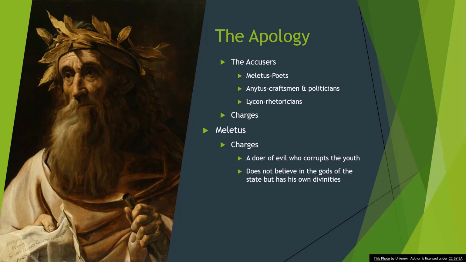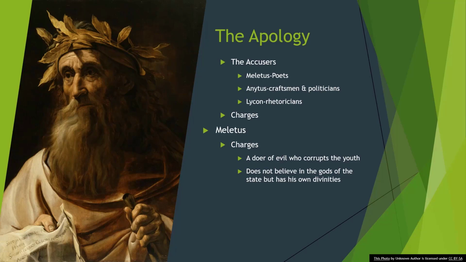Well, these charges, as I noted before, are not the sort of things you tend to see today. There's no accusation that he is a thief or an embezzler or engaged in murder. So the first charge is that Socrates is a doer of evil who corrupts the youth. The second charge is that Socrates does not believe in the gods of the state, but has his own new divinities.